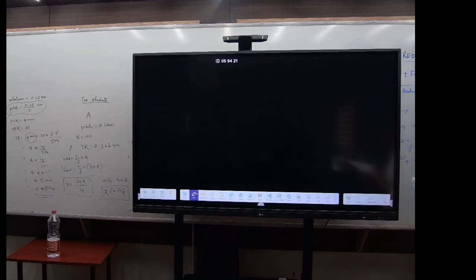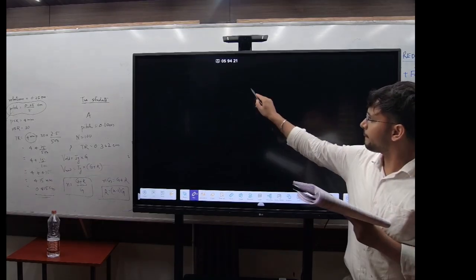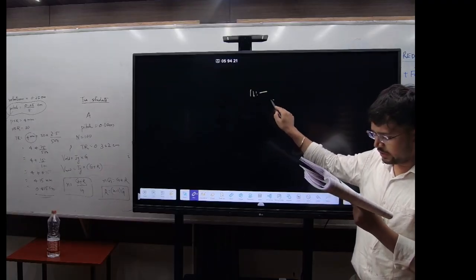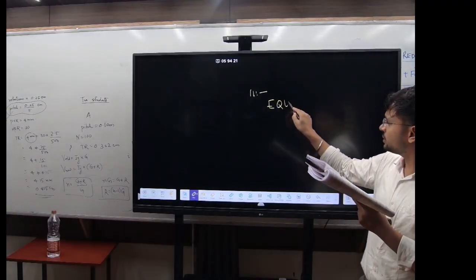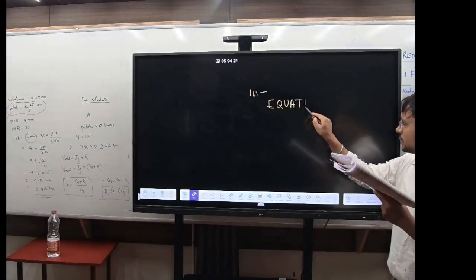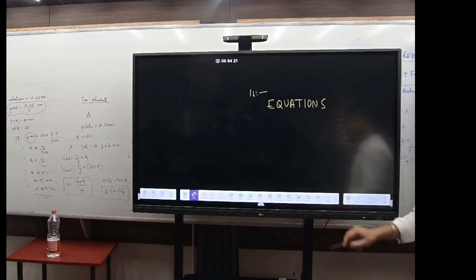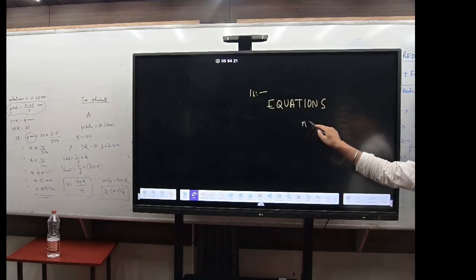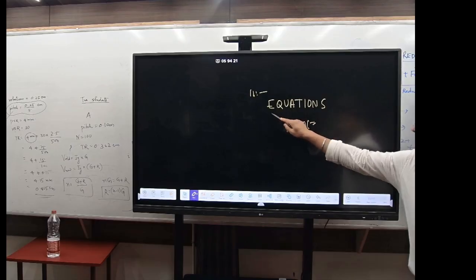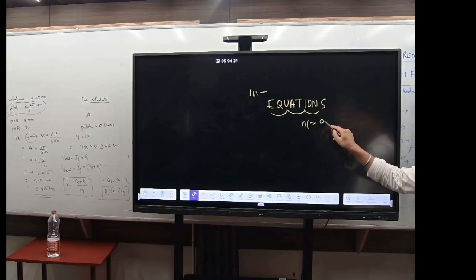Just read the question first. There is one word given, equation. How many total words are there? Number of letters? 3, 6, 9. Total 9 letters are there.